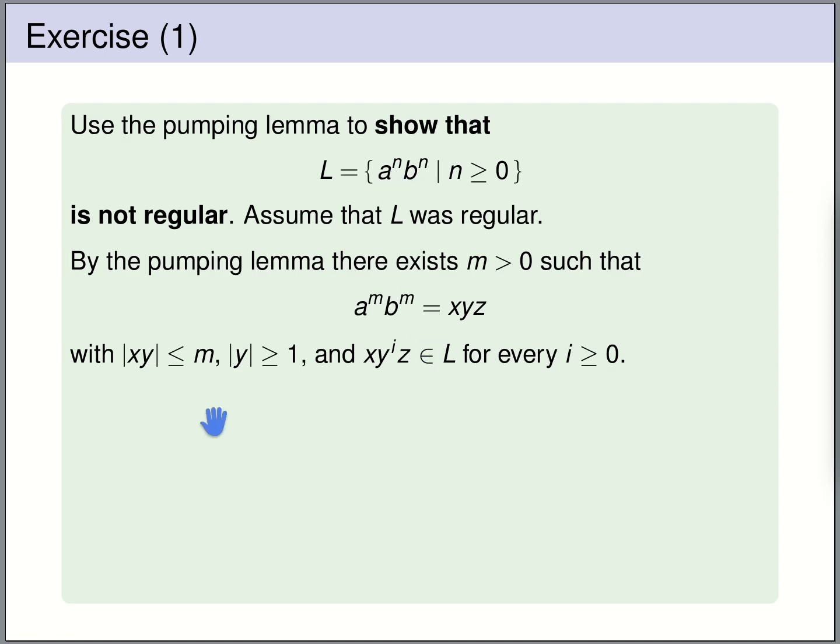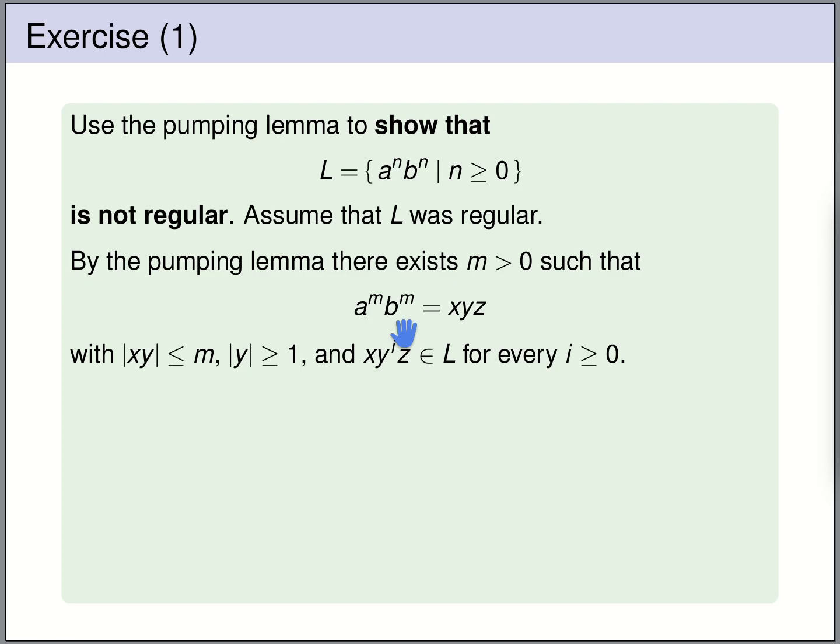Now again, we don't know what this decomposition is, but we know that it has certain properties. So we know that x, y together have length at most m, and x, y form a prefix of this word.